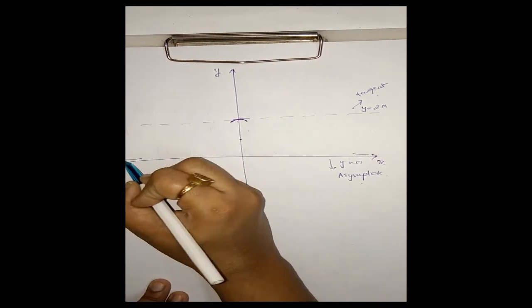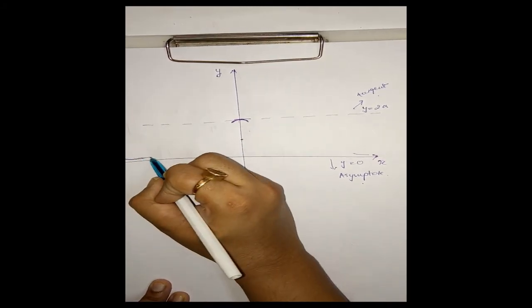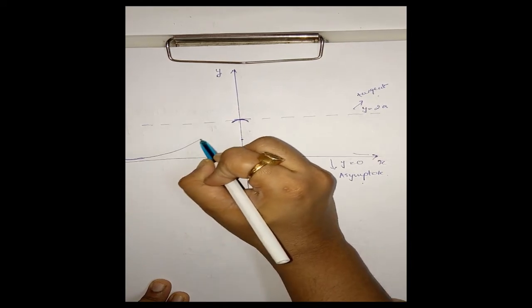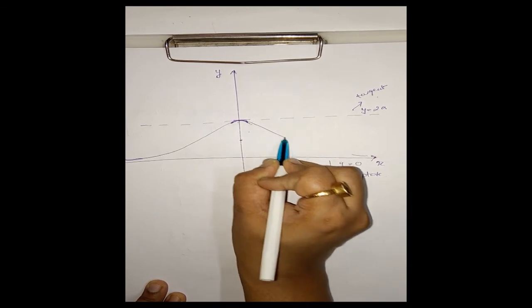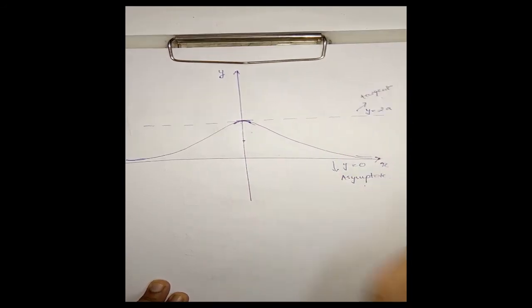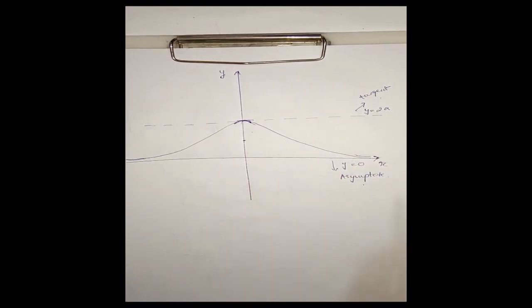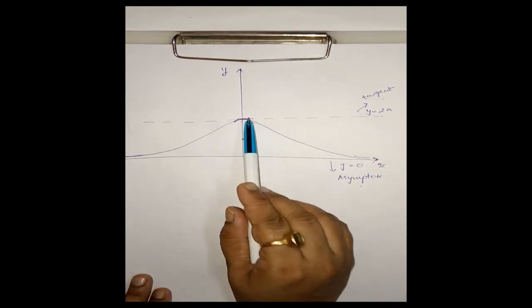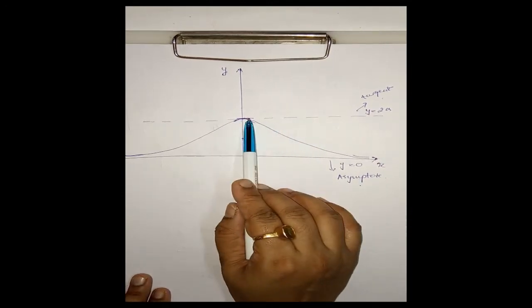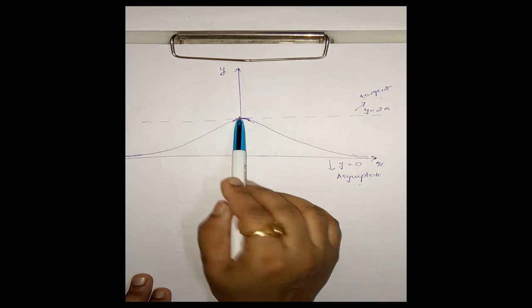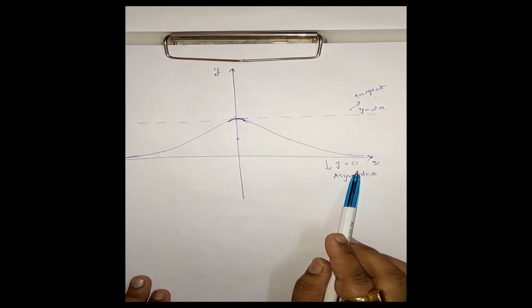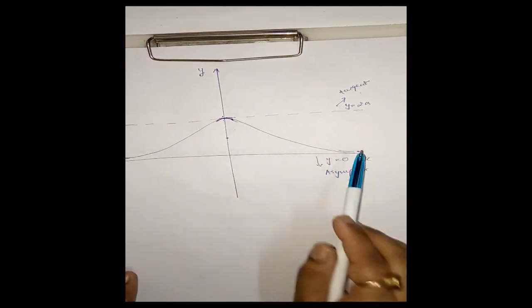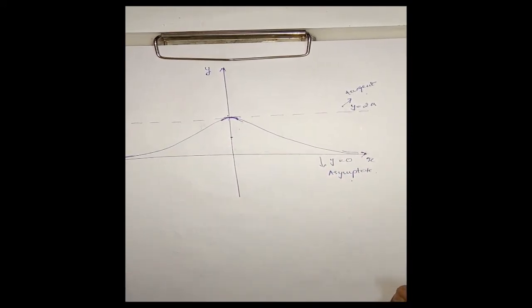That means my curve should be like this form. This is the curve, so that y is equal to 2a is a tangent, 2a is my maximum value and the x-axis is my asymptote. This is the graph of the given curve.